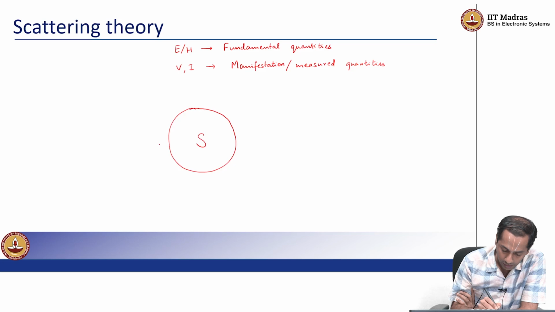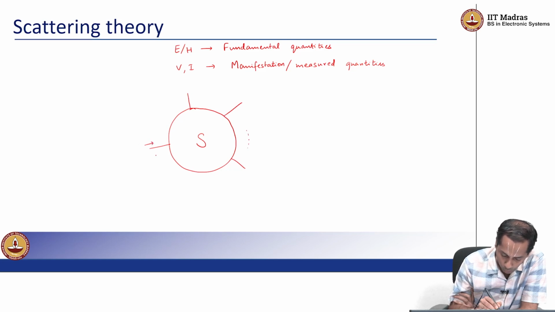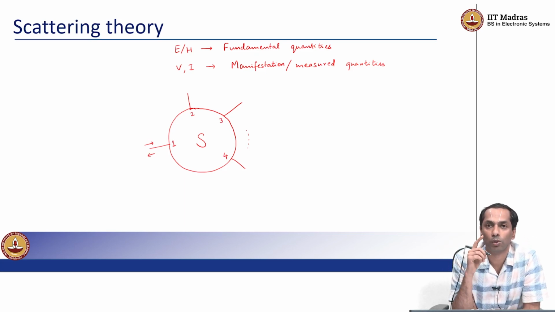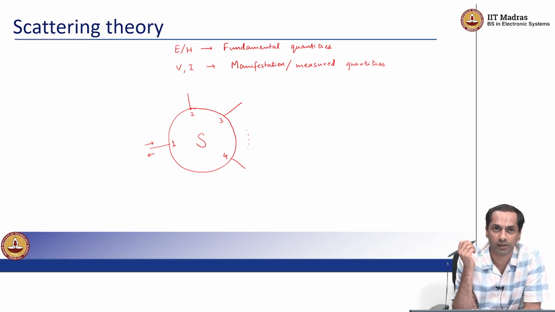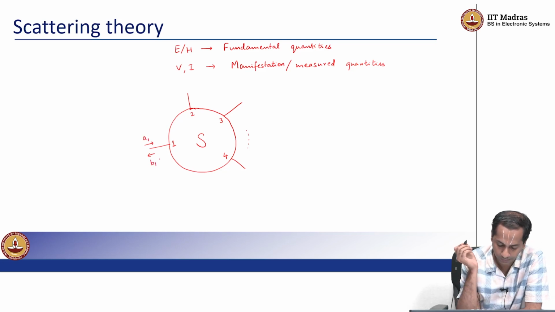Okay, so we define ports 1, 2, 3, 4, right. And since we described voltages and currents as wave like quantities, right, so we are going to say that there are wave like quantities.